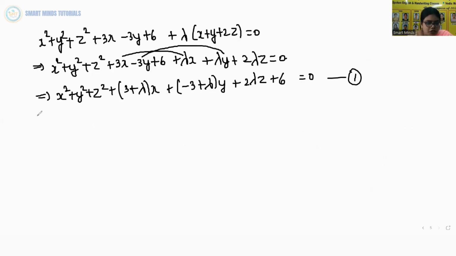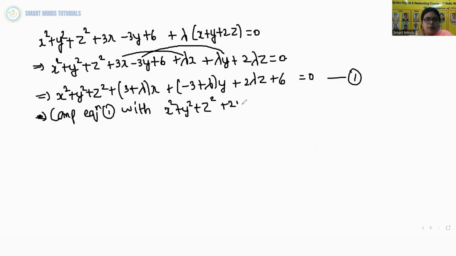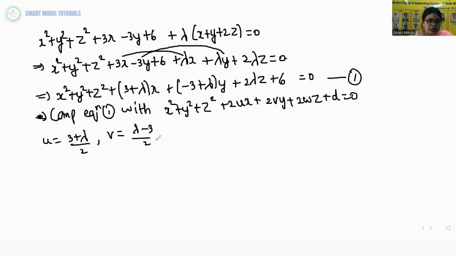Now let's compare equation number 1 with the general equation, that is x square plus y square plus z square plus 2ux plus 2vy plus 2wz plus d is equal to 0. So we get u is equal to 3 plus lambda by 2, v is lambda minus 3 by 2, w is lambda and d is equal to 6. The center formula is minus u comma minus v comma minus w.